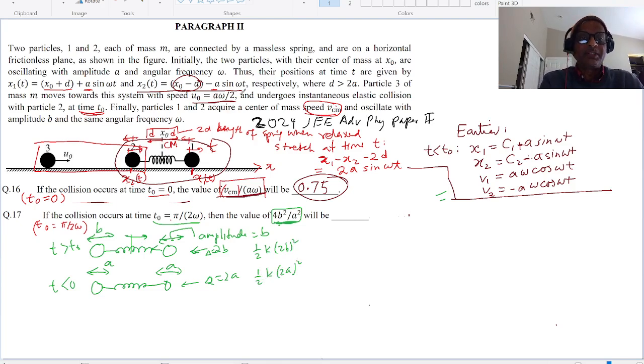But k is not given here. Instead, they've given the angular frequency. But we can find the relationship between them by the following means. If I knew k, I would be able to use energy. We'll figure out the energy at t0 plus, just after the collision.